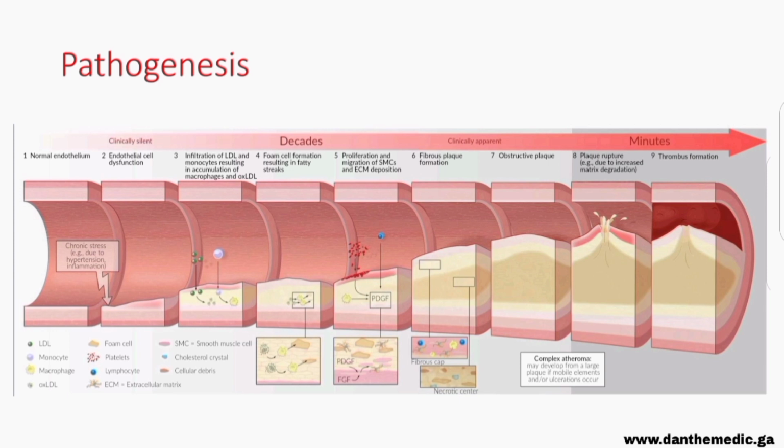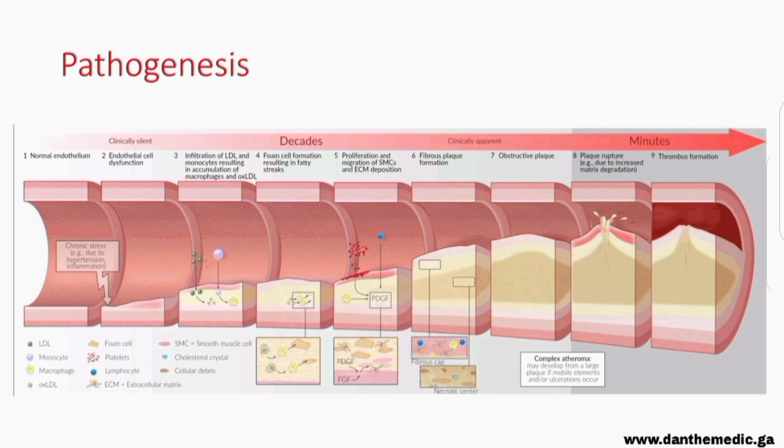Then all these lipid-laden macrophages and smooth muscle cells begin to produce extracellular matrix in the form of collagen. And then this leads to development of atheroma, which is the fibrous plaque.